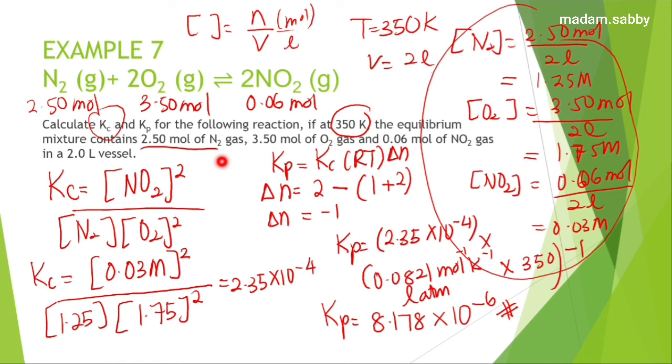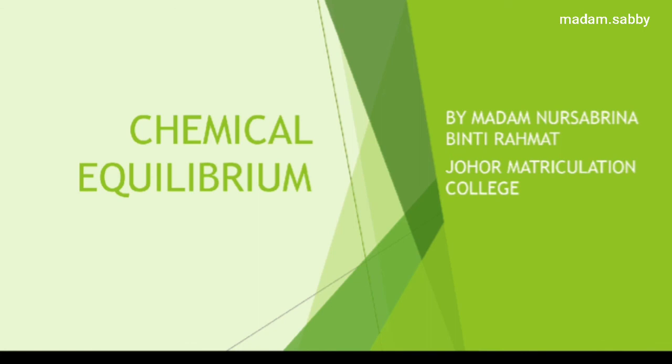Alright, I hope you already understand what a reversible reaction is. You already know how to discriminate between an irreversible reaction and a reversible reaction, and how to write a reversible reaction as a chemical equation. Secondly, you learned about dynamic equilibrium, and the criteria you need before you state that a reaction has established a dynamic equilibrium.